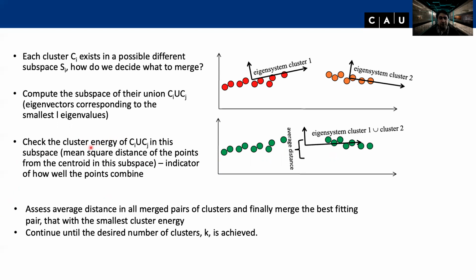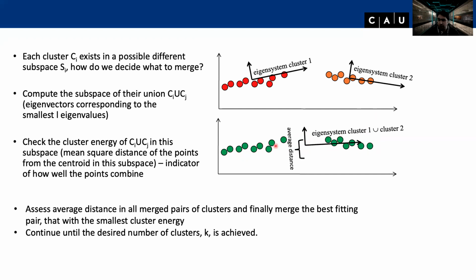So what is meant here with cluster energy is you take all of these green objects and you press them down, you project them down to this cluster subspace, to this one here, which has the lowest variance. And then when projecting them down to this axis here, we compute the mean square distance of the objects to the centroid.